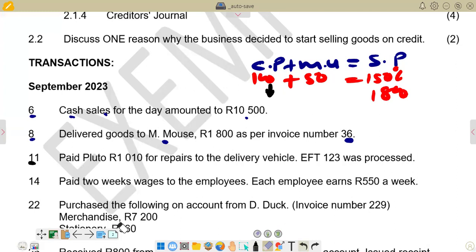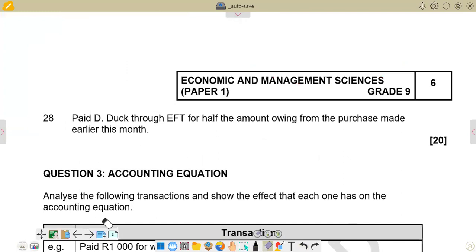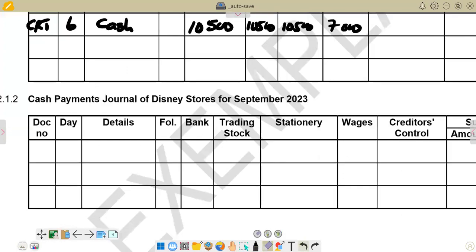So basically, let's just try to see how we can go about it. Go to the other section. You see that we put our cash payment journal here. So what are we going to do on our document number? It's document number 123. So we can just say 123. On the day, we put day 11.